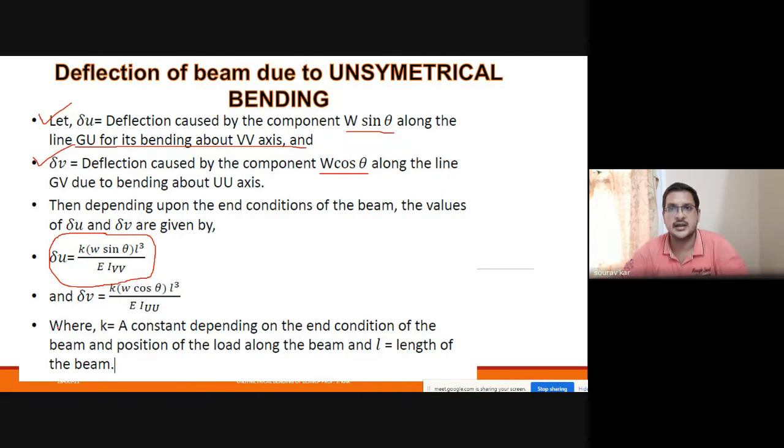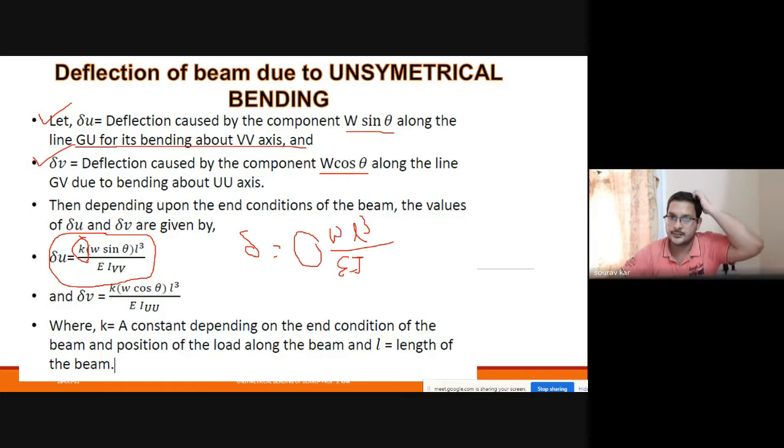Here we are talking about determinate structures, not indeterminate ones. Delta has some value, it may be 1 by 3 or 5 by 384, anything, multiplied by the factor W L cube by E I, which will always be there. Here we have a constant K coming due to unsymmetrical bending.